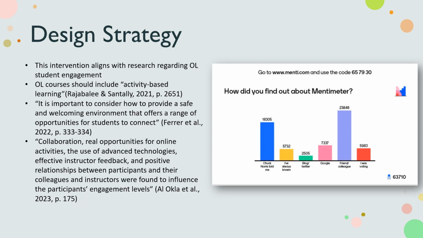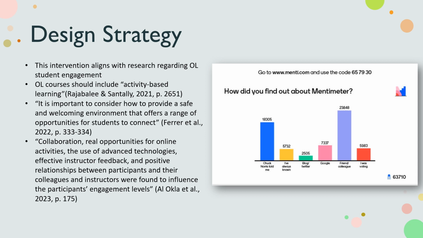My proposed intervention of implementing, in this case, Mentimeter, what I'll also refer to as an interactive presentation software, into the online course aligns with research findings regarding adult learners and online courses. So a couple notable passages from research conducted.